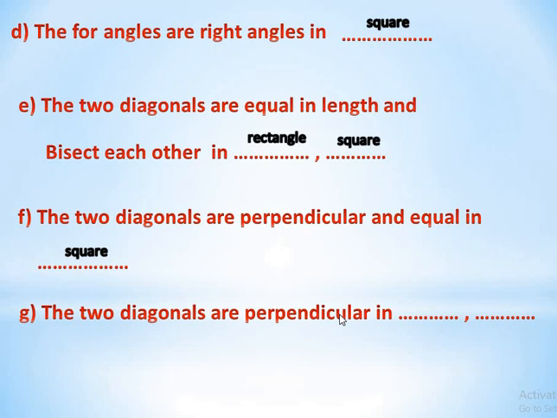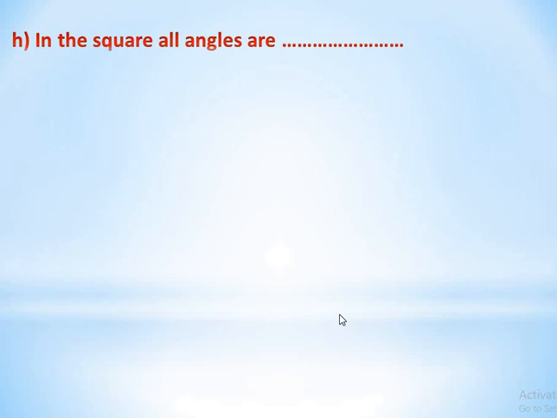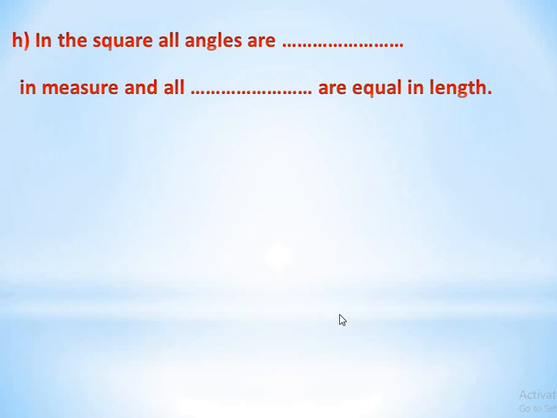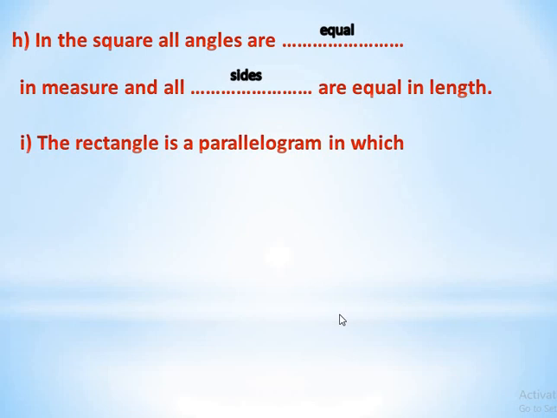The two diagonals are perpendicular in square and rhombus. In the square, all angles are equal in measure, and all sides are equal in length. The rectangle is a parallelogram in which one of its angles is a right angle, so all angles are right angles.